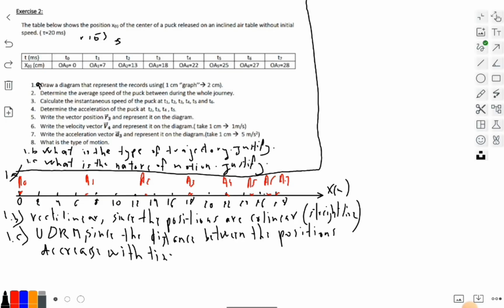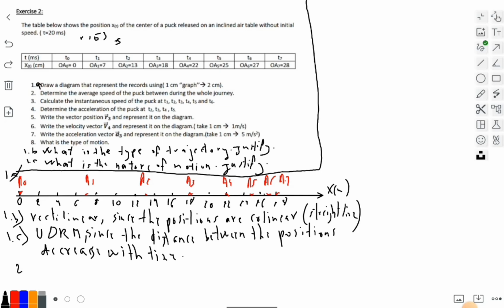What is the meaning of UDRM? Uniform decelerated rectilinear motion. So the motion is decelerated and the type of trajectory is rectilinear.